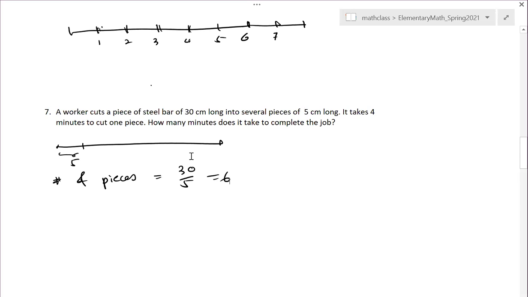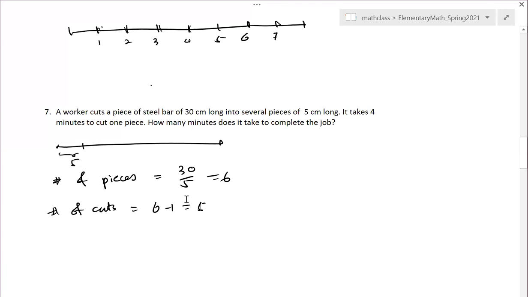So there are 6 pieces here, right? Now but how many cuts do you need? Question, right? You probably don't need 6 cuts. Once you get 6 pieces, then you figure out the number of the cuts. Okay, the number of the cuts is 6 minus 1, it's 5.